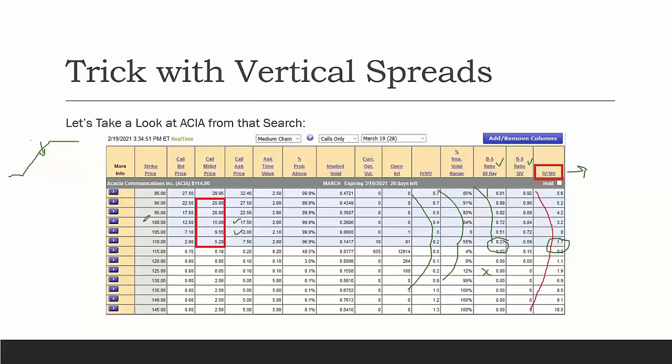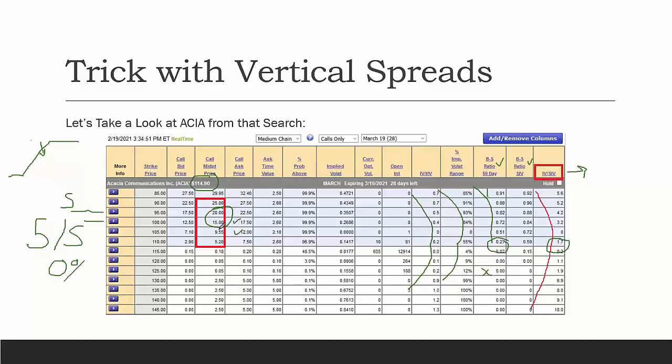Look at these midpoints. The stock's at 115, so if you went 15% in the money and sold the 100 call and bought the 95 call, your midpoints are exactly at a debit of 5. You'd pay 20 for the long and get 15 for the short, which means you're paying a $5 debit to get a $5 strike difference, which is 0% profit.